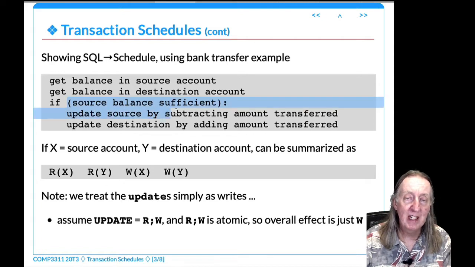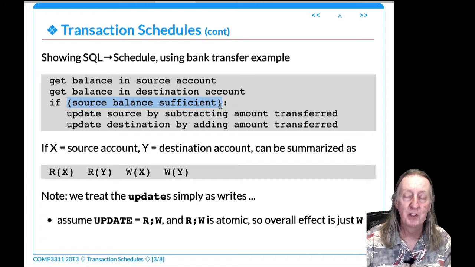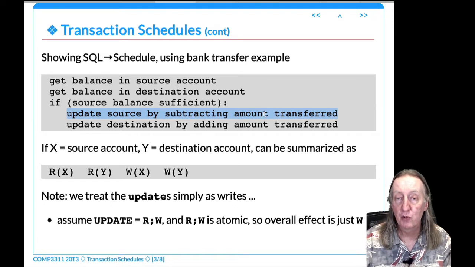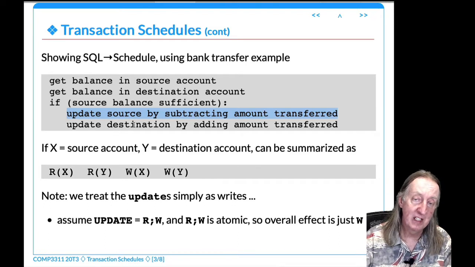We do some checking, this happens in memory, so we're not interested in what happens with it, but we are interested in what happens when the values are changed. So here we're updating the source account by subtracting, and here we're updating the destination account by adding.